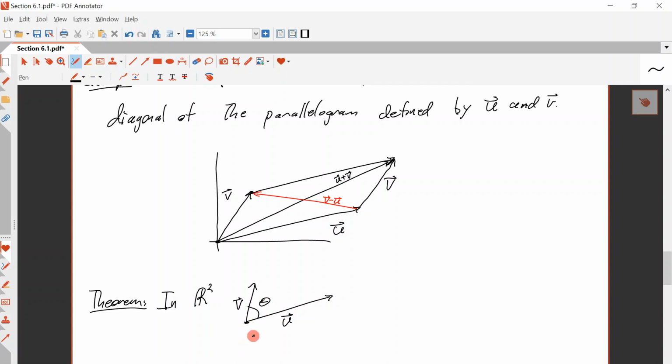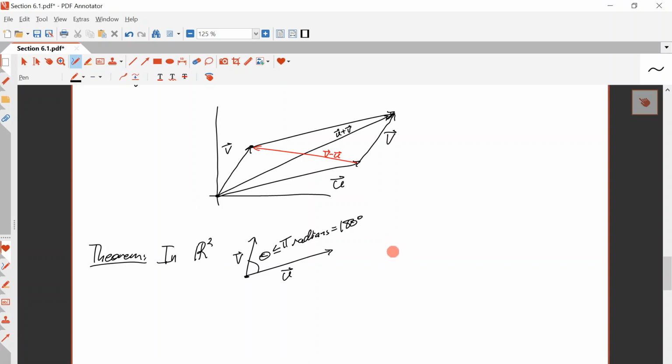Right, so there's always two angles. There's theta and then there's alpha, where alpha plus theta is 360. Look at this angle alpha, which is less than or equal to pi radians, equals 180 degrees, right? So there's always one that's less than or equal to 180 degrees.